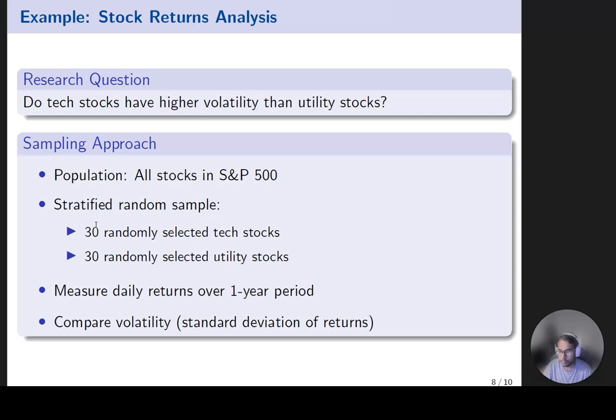So if we just do a simple random sampling method, there is no way of ensuring that the sample we work with adequately represents what we want. But by doing a stratified approach, we can ensure that both tech and utility stocks are not only there in the sample but are adequately represented.